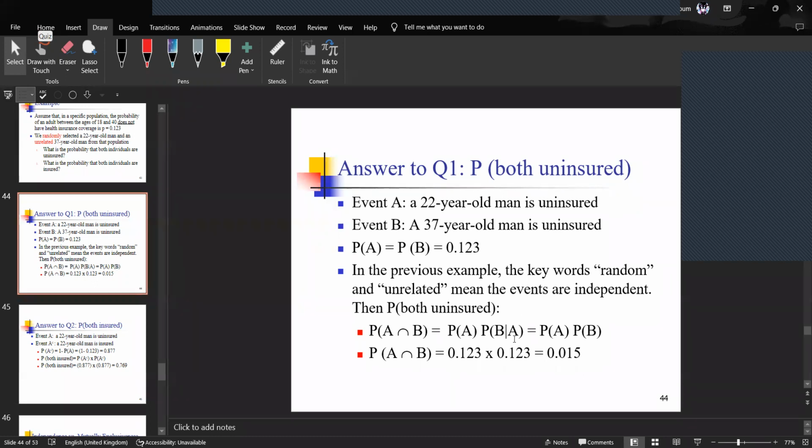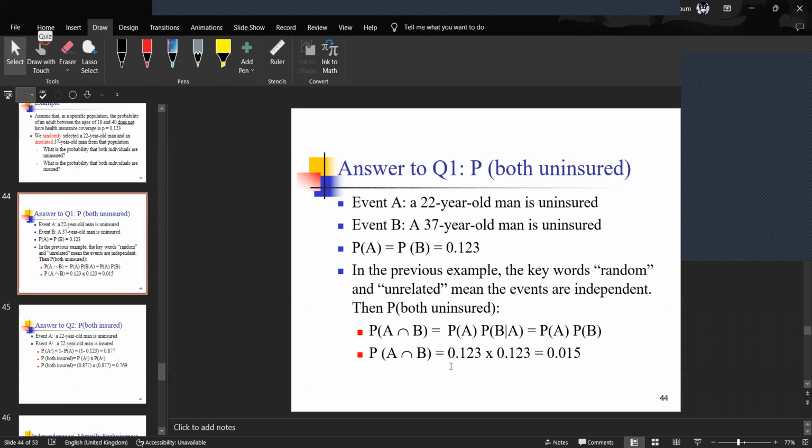Now, for this particular example, these two people are completely unrelated. So whether or not the first person we choose, the 22-year-old man, has insurance or not, will not affect whether or not this 37-year-old man also has insurance.